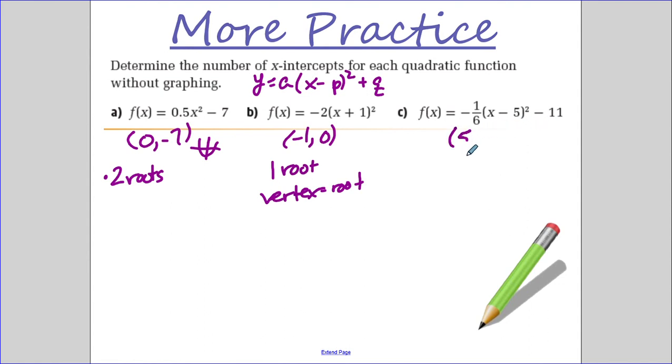And so in this case, I'm going to go right, and then I'm going to go down, and this thing's going to open down. And so because a and q are both kind of in the same direction, they're both negative, I'm going to have no roots in this one, and only two complex roots as solutions. So 2 roots, 1 root, and no roots.